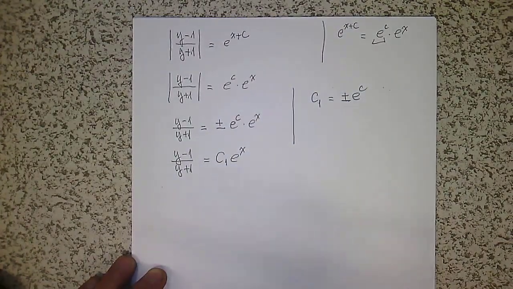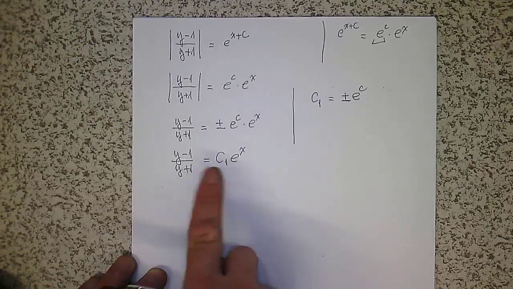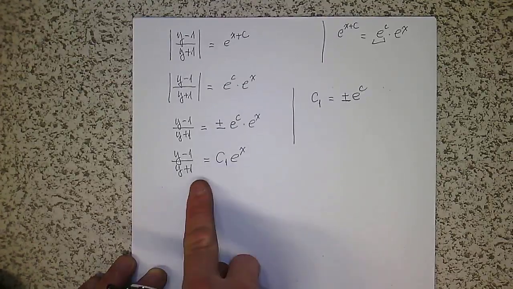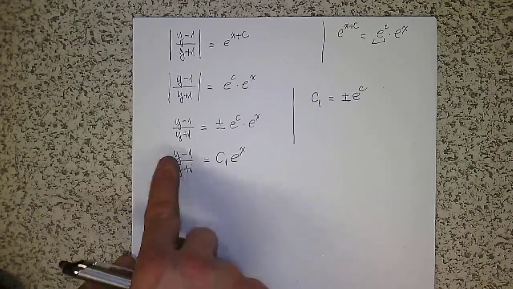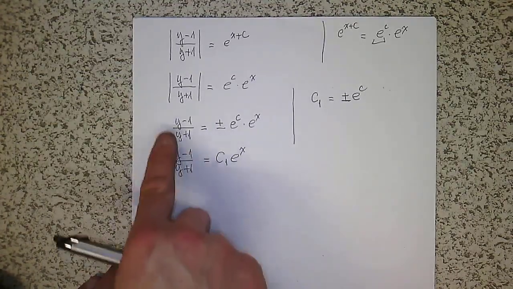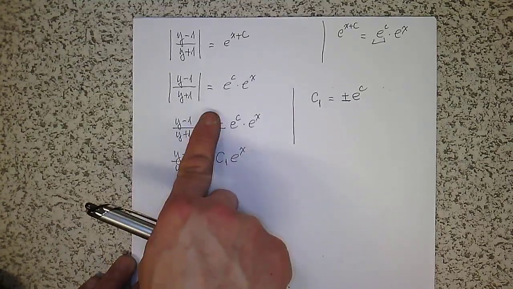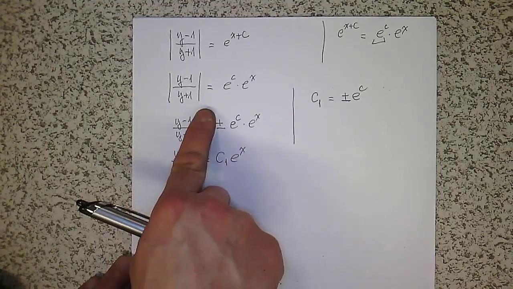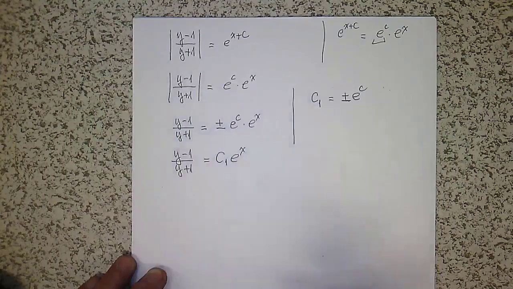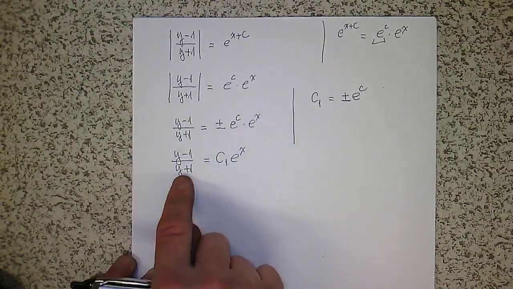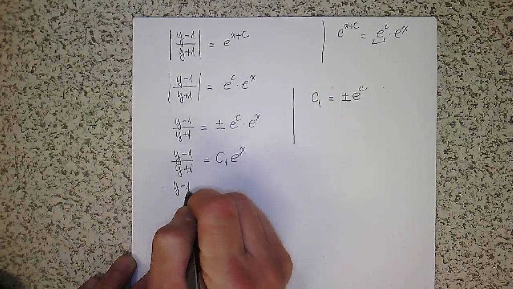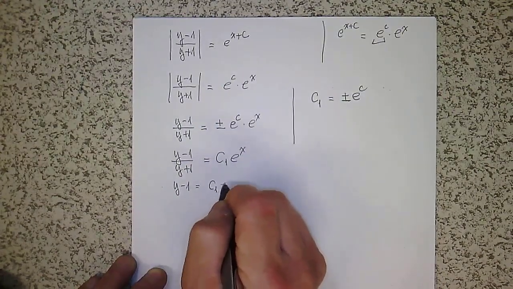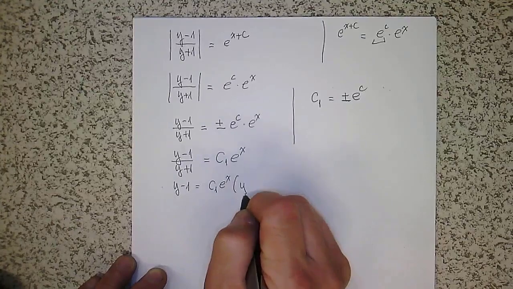All right, and so now we're going to take our time to algebraically rearrange this equation to come up with the explicit expression of the y function. But now we have safely and algebraically successfully removed the absolute value signs. And so now I'm going to multiply both sides by y plus 1, making it y minus 1 equal c1 e to the x times y plus 1.